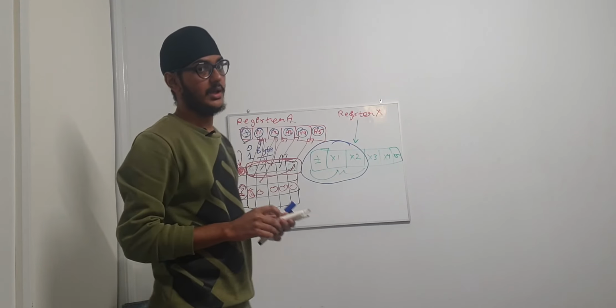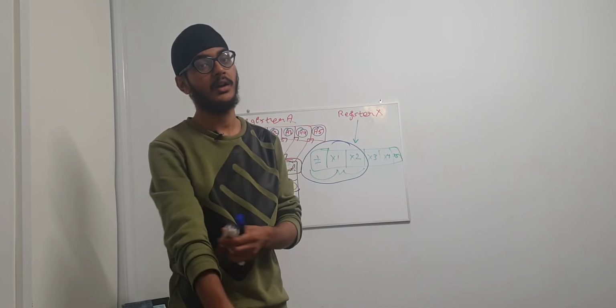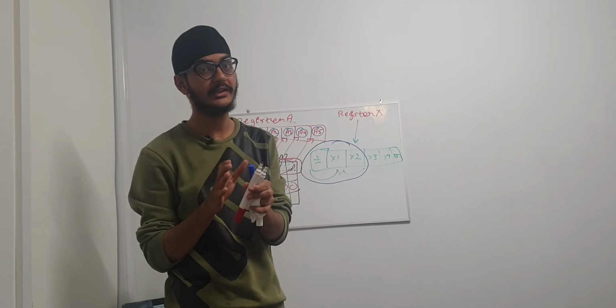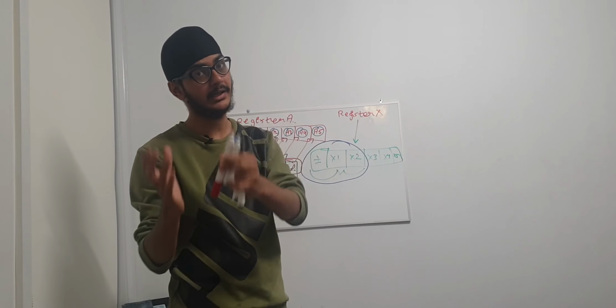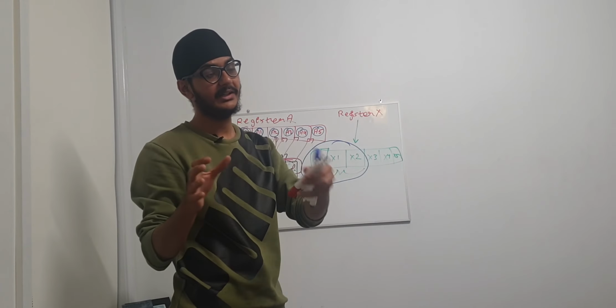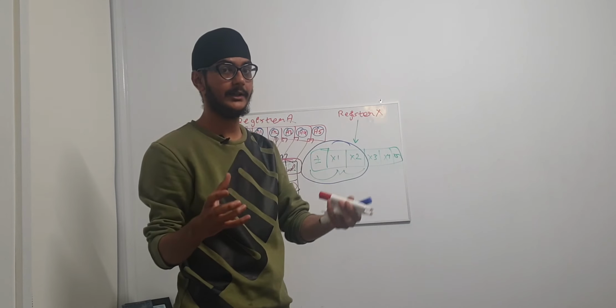So this is the basic information about the MIX computer architecture, how it works, what's inside the processor, what the registers are, how the memory cells are divided in our memory, and how we can access the data from the memory.